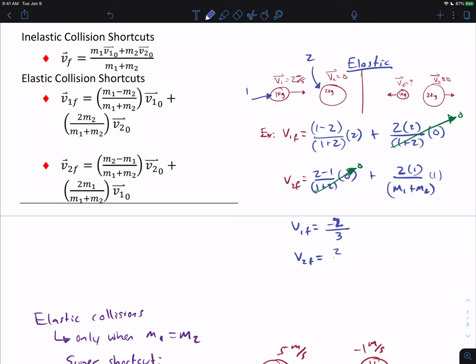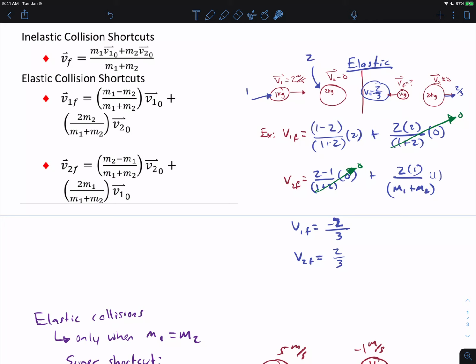So this is going to be 2 over 3. So you can see that velocity 1 is going to move to the left with negative 2 over 3 after it hits, and velocity 2 is going to be 2 over 3. So we can find their final velocities just using these formulas.